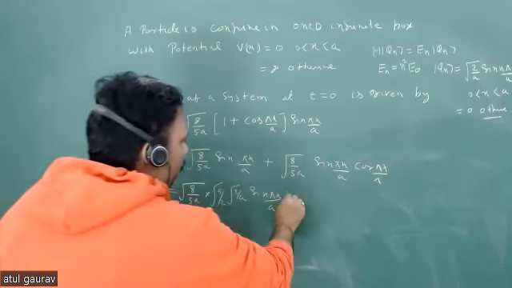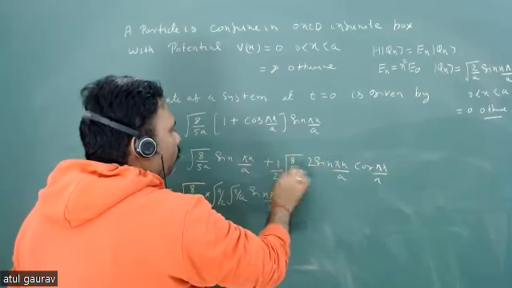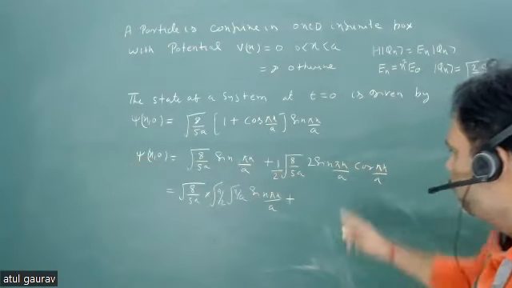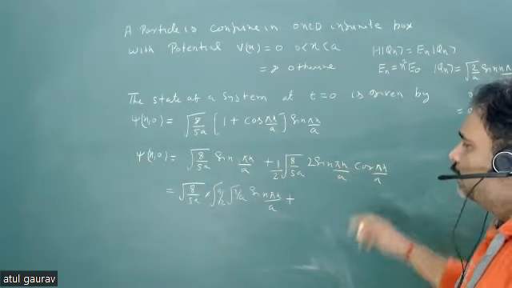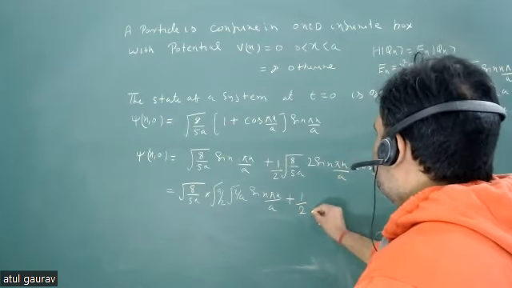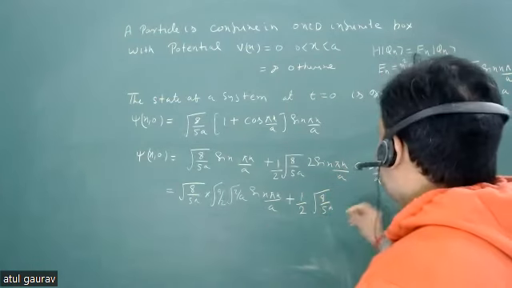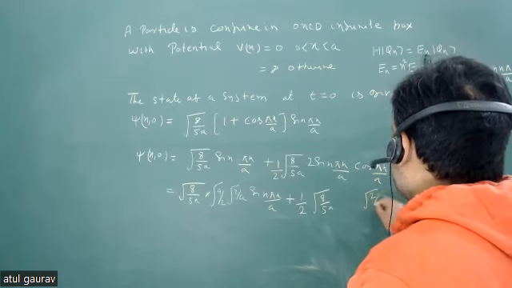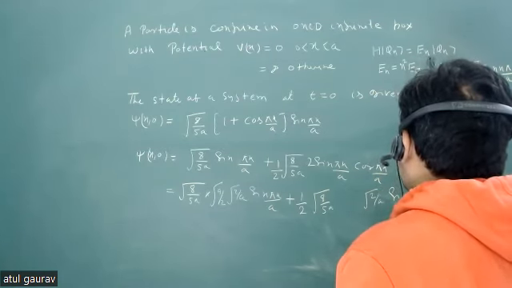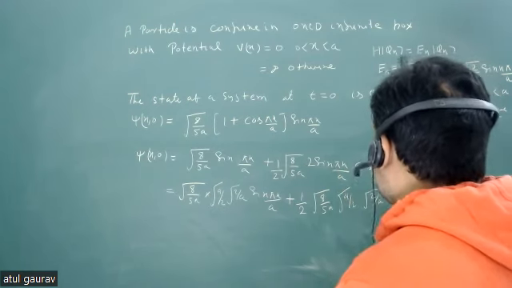Now similarly I can multiply by 2 and divide by 2 such that this value is sin 2 pi x. We can write this. So again we have 1 upon 2 root 8 upon 5a and we have root 2 upon a sin 2 pi x upon a and then we multiply with a upon 2.